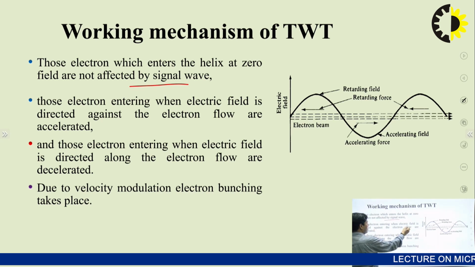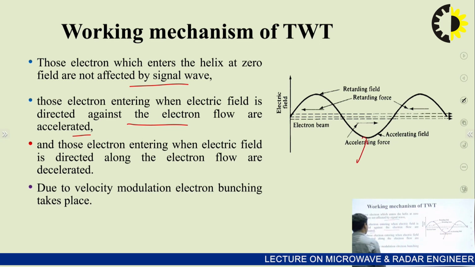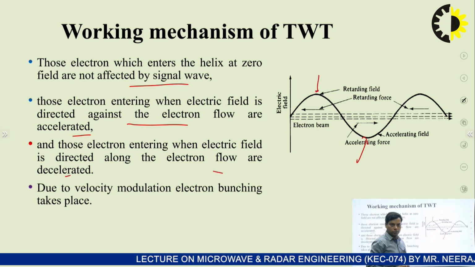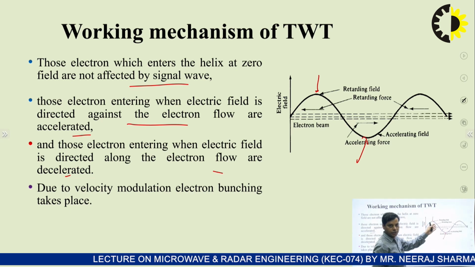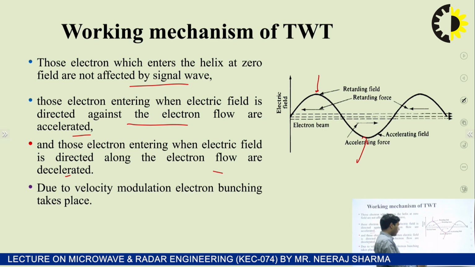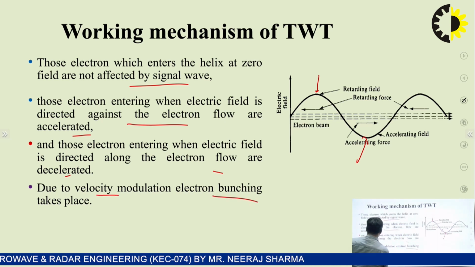Those electrons entering when the electric field is directed against the electron flow are accelerated, and those electrons when the electric field is directed along the electron flow are decelerated, this means for the opposite polarity. So at this time the speed will decrease, and at this time the polarity will be the same, so it will be accelerating. Because of all these interactions, velocity modulation and electron bunching take place.